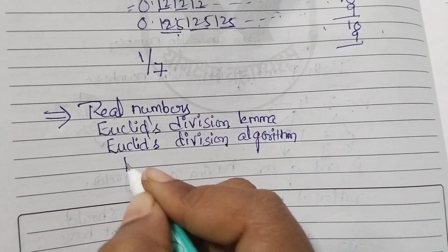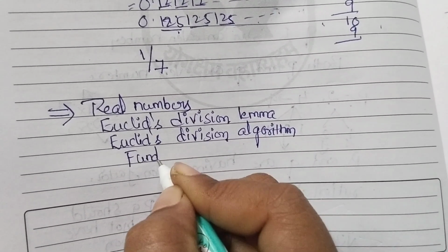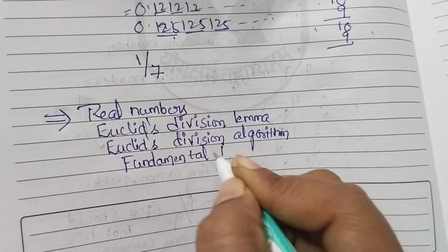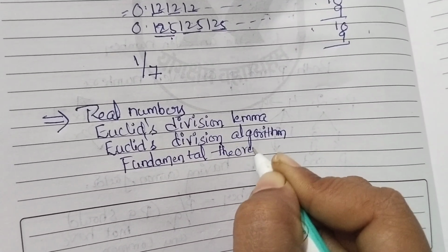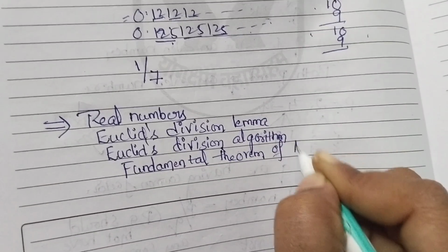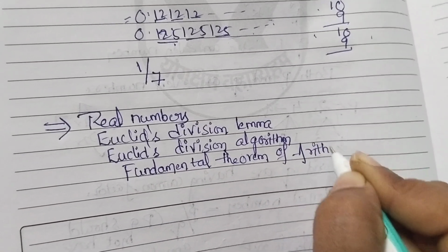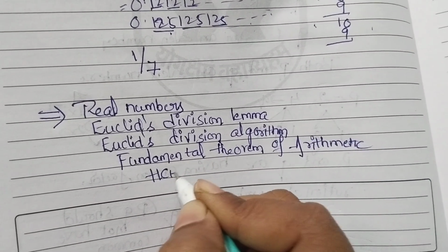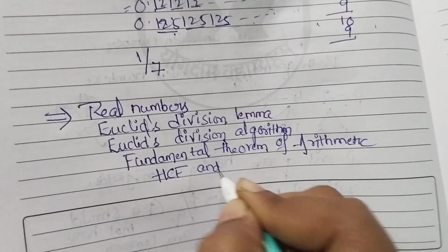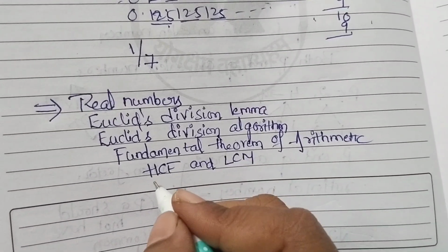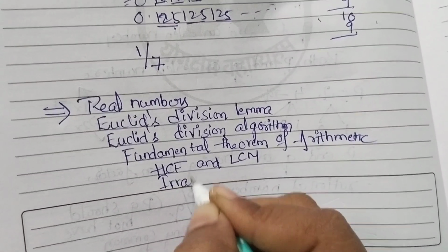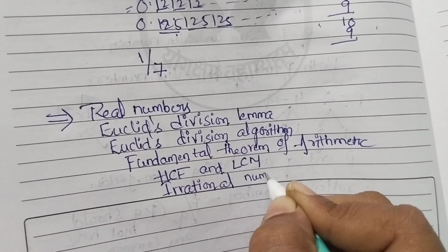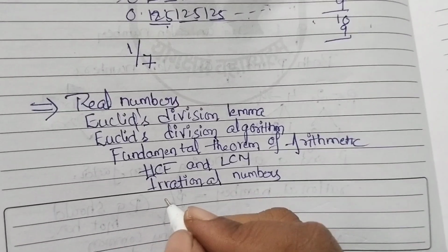Fundamental theorem of arithmetic. And HCF and LCM. Irrational numbers. Decimal expansion.